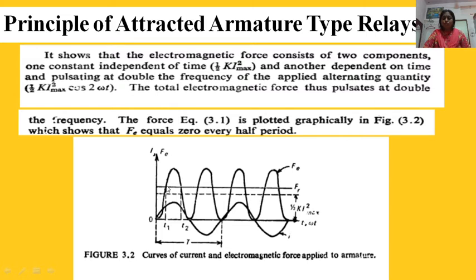As soon as Fe goes above this Fr, the relay operates. As this is AC, at t is equal to t2, again Fr is equal to Fe. After this Fe is less than Fr, so the relay will not operate.